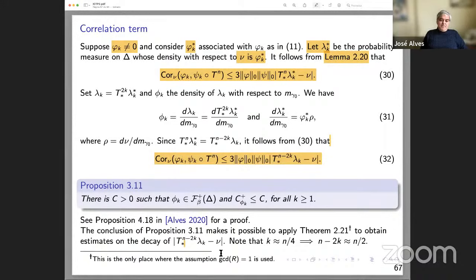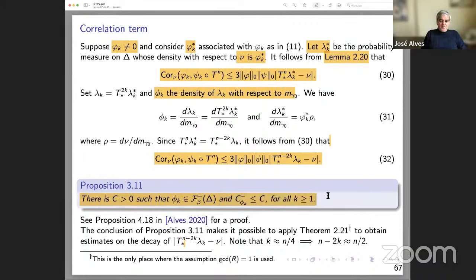And now, as I said, this lambda k has a density which is good. So there is some C such that phi k, which is what I call the density, lies in the good space.